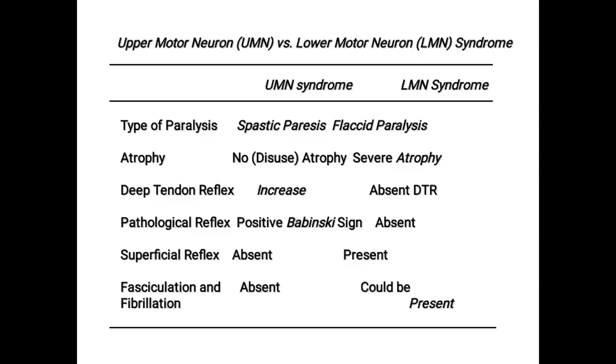This is what we call the Babinski sign. Anatomists misleadingly call it an extensor response, but physiologically it is a flexor response or a withdrawal response. Once the Babinski sign becomes positive, it will remain positive.